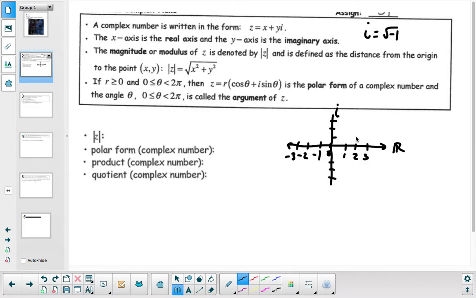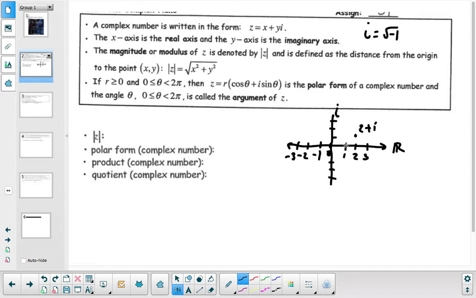Like a 2, this would be 2 plus i, or 2 plus 1i. It looks like a coordinate, it kind of is a coordinate, but it's also just a number. It's not an ordered pair, I should say. It's one number, it's a complex number, and complex numbers need complex number fields, or number planes.